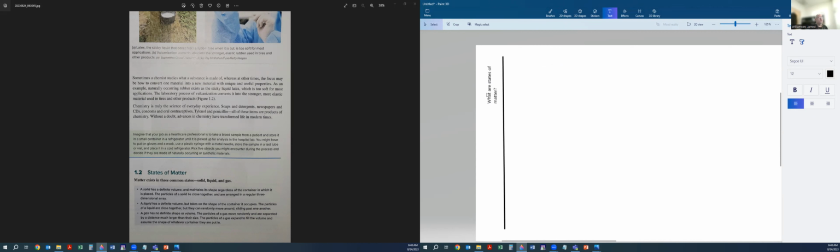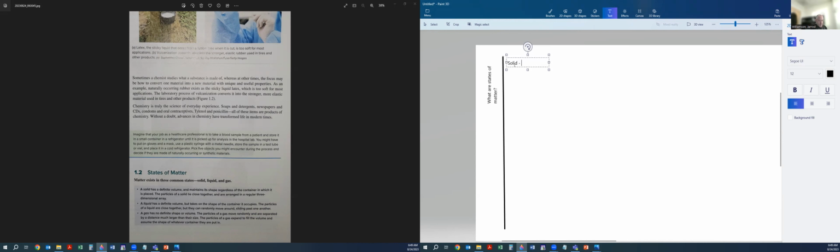Now, I would normally do this by hand, but right now I don't have a tablet that'll let me write on this particular computer, so I'm going to type. And I would go, okay, what are states of matter? Well, one state of matter is solid.